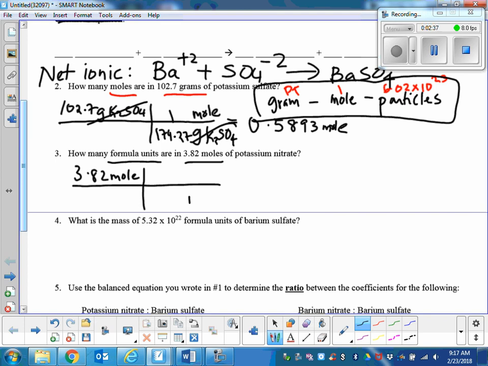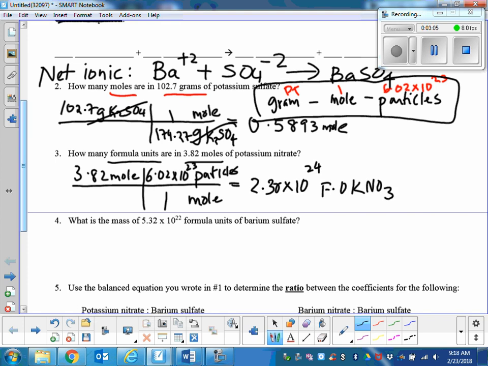I need to get out of my moles and into my particles, which are formula units, right? So mole is a 1, and my formula unit is 6.02 times 10 to the 23. I did not need the formula mass of potassium nitrate in this case. And if I know to put numbers in a calculator, it is this many formula units of KNO3.